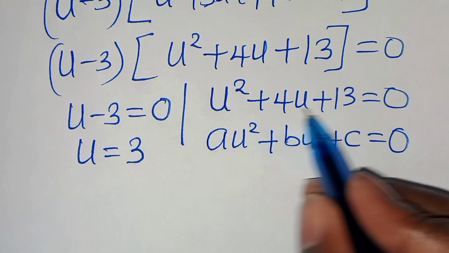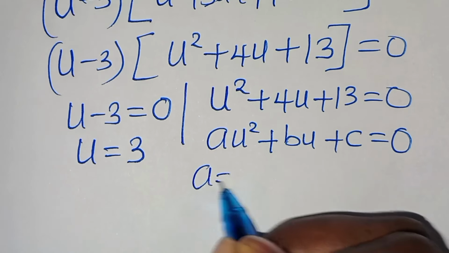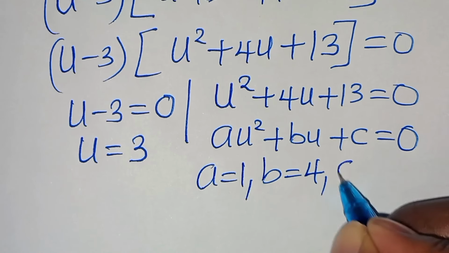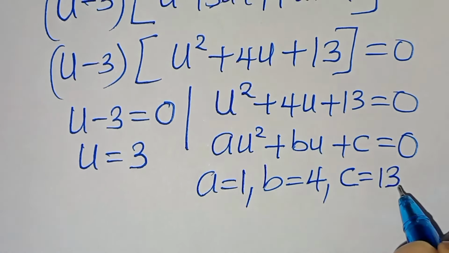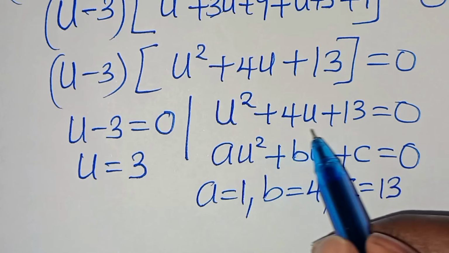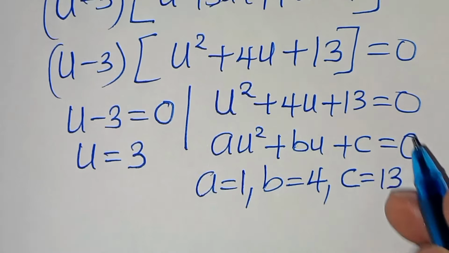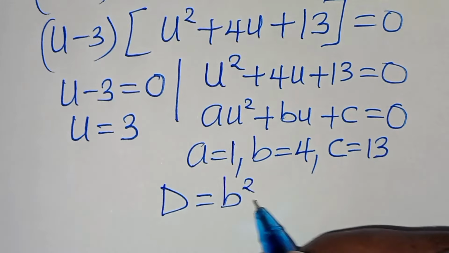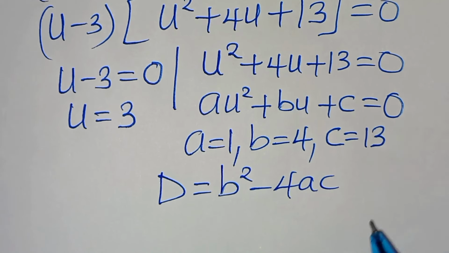From this quadratic equation, we have that a is equal to 1, b is equal to 4, and that c is equal to 13. So we can assess the nature of the roots of this quadratic equation by determining the discriminant value, which is b squared minus 4ac.